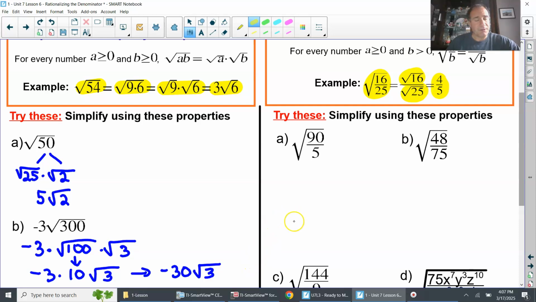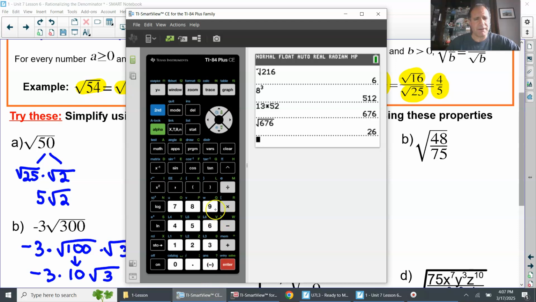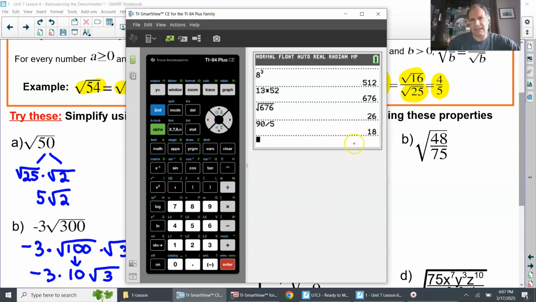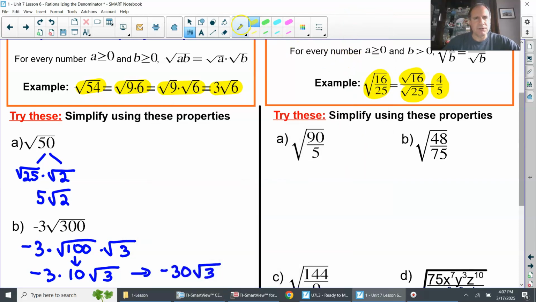First off, before I split it up, I'm going to do 90 divided by 5. And 90 divided by 5 is 18. So I'm not really using the property, but I'm just making it easier for myself. So I'm just going to go the square root.